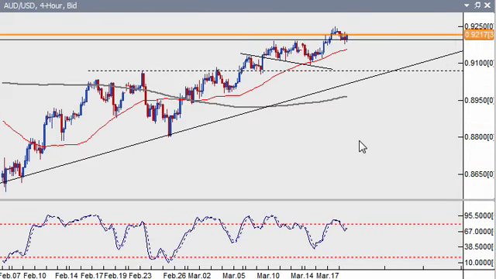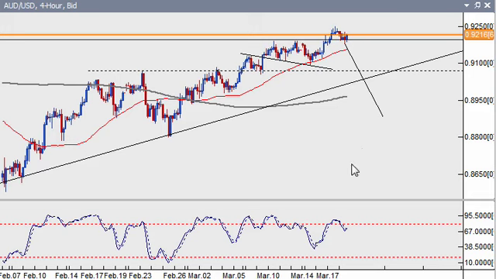Looking at the 4 hour time frame, that continuation of consolidation would be confirmed if the market is able to break below our 0.9150 area, as well as this rising trend line, and that would also be coincident with breaking here the 200 moving average. Your stochastic also should come down to the oversold area before you decide the market is continuing in consolidation.